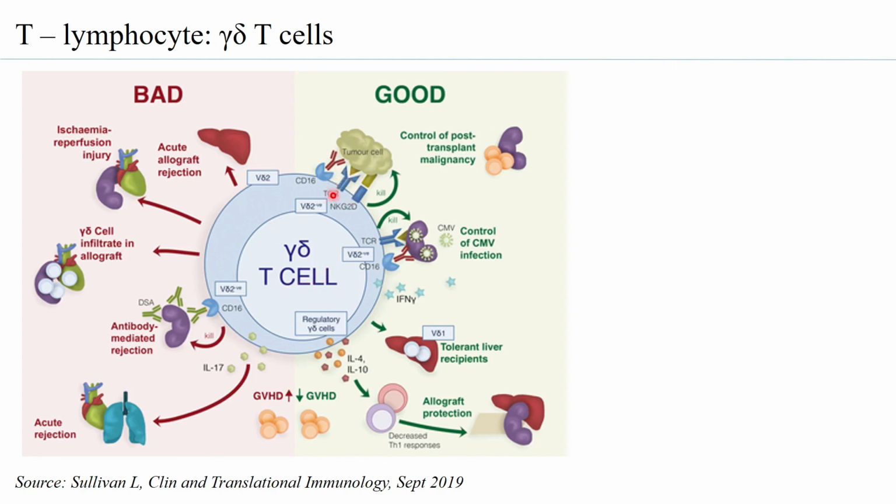As you can see, it has the T cell receptor, which is the gamma delta type. It has a natural killer type surface molecule, and it has CD16. It can give rise to cytokines, so it can also give rise to gamma interferon. It can give rise to IL-4, which can lead to regulation.